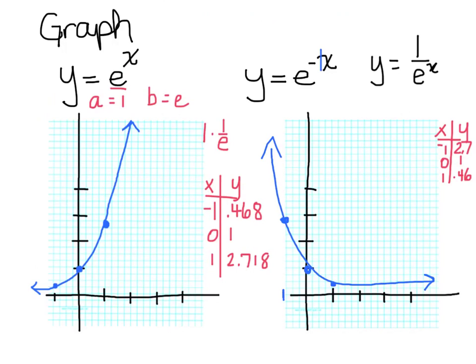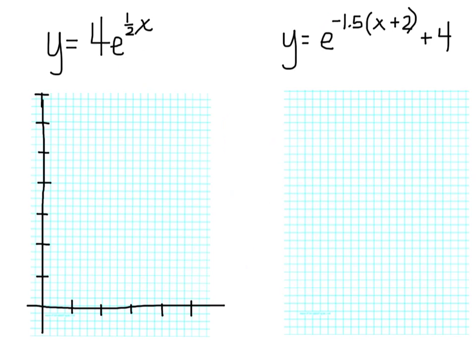Okay, so typically, if my exponent is negative in Euler's graph, that would mean decay. If my x is positive in Euler's graph, that's going to give me growth. Now, something like this would have to be on a calculator portion.